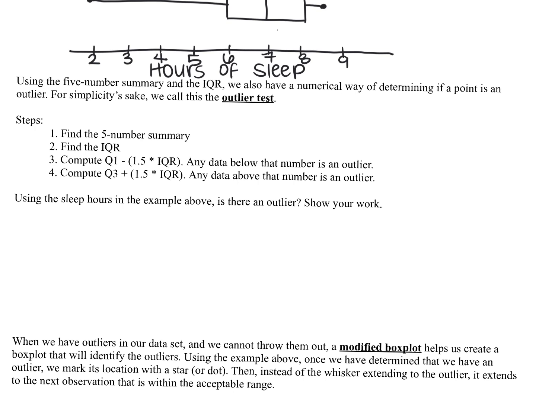So if we're using our sleep example, quartile 1 minus 1.5 times the IQR: quartile 1 was 6, minus 1.5 times 2, which is 6 minus 3, which gives us 3. So anything less than 3 would be considered an outlier.